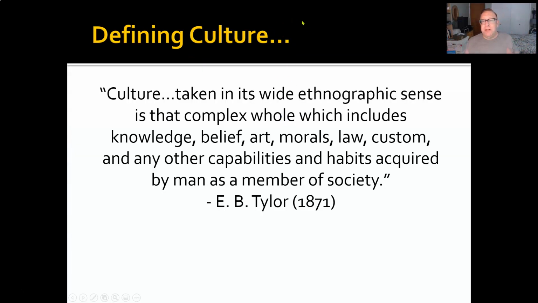The first definition of culture in the anthropological literature comes to us from E.B. Tylor in 1871. For him, culture, taken in its wide ethnographic sense, is that complex whole which includes knowledge, belief, art, morals, law, custom, and any other capabilities and habits acquired by man as a member of society.